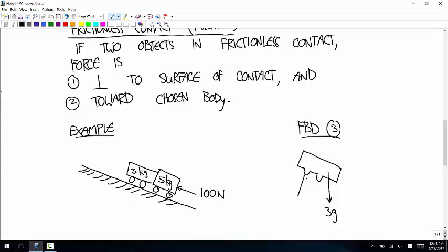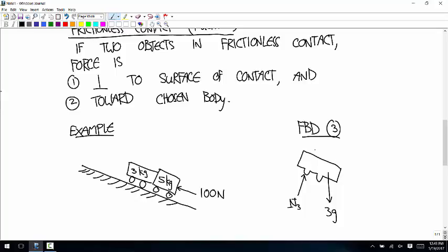And saying it's perpendicular means that it's either going this way or this way. And then since it's a pushing contact, it's toward the chosen body. So that fully defines the direction. And I'll call that N3 for the normal force on the 3 kilogram.